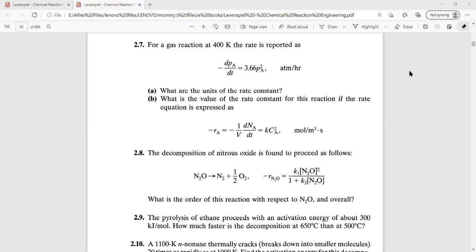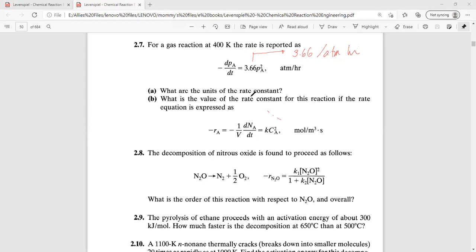It's 3.66 over ATM R. Your 3.66, I'll write here, should have a unit of 3.66 over ATM R. Correct. So it's over ATM R. You have to cancel one of the ATM units here and introduce the R unit. So this is your units for the rate constant.